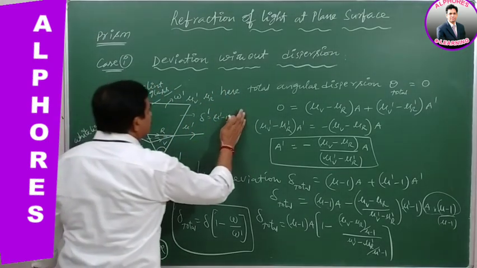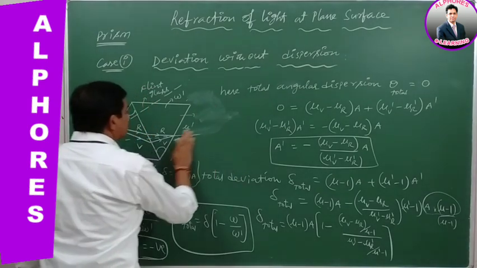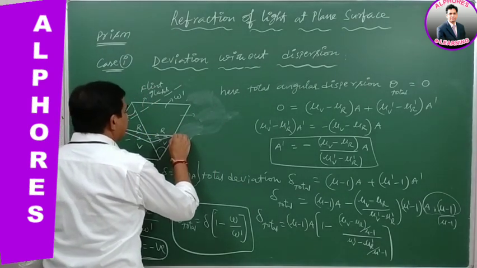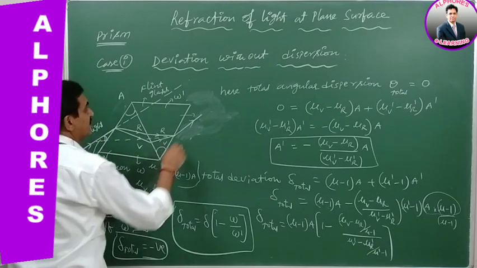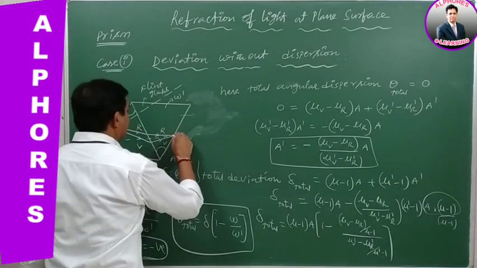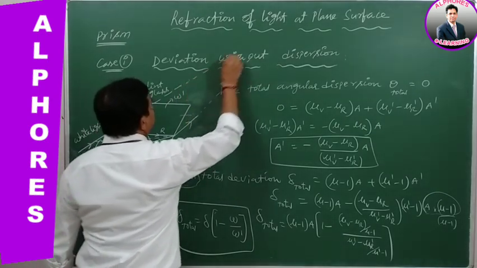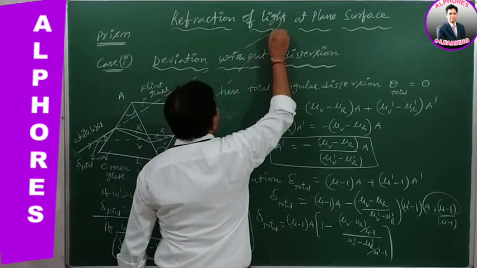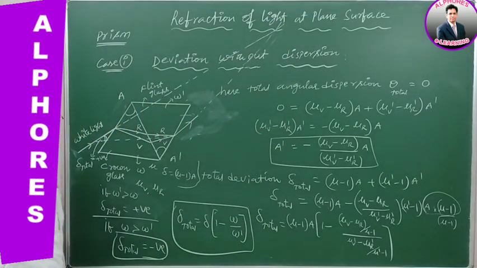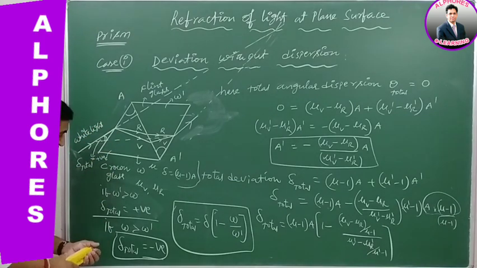How? We can imagine over here, I will show, suppose this emergent light is like this. When these two light rays, this one is emergent and this is incident, meet by extending them forward, then in such case the total deviation is given a negative sign.